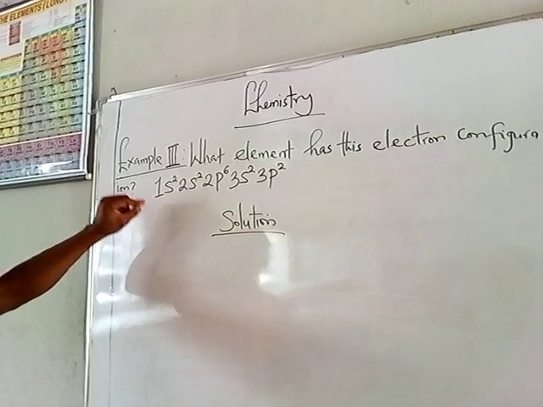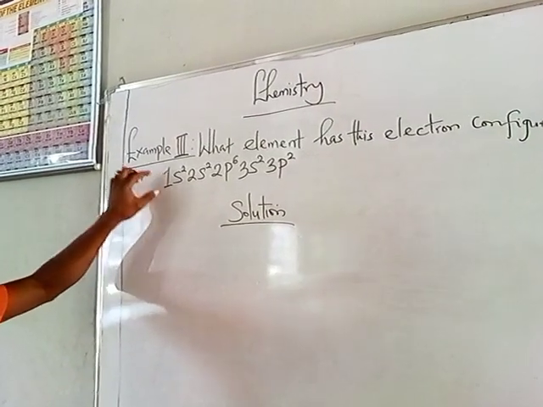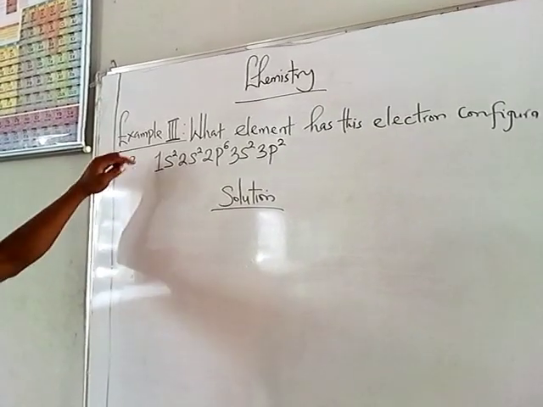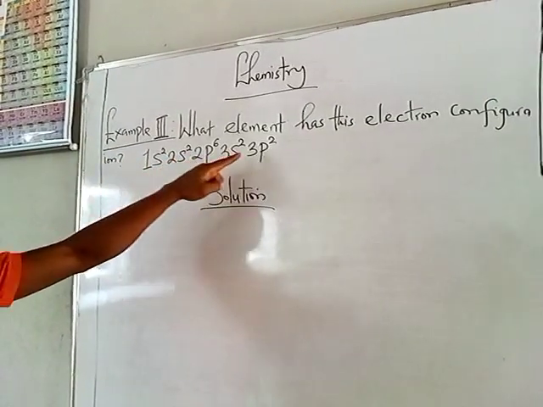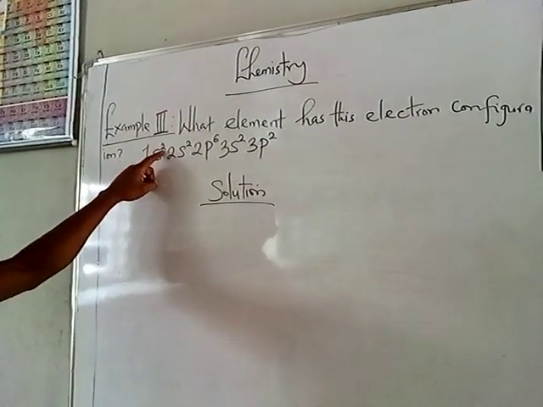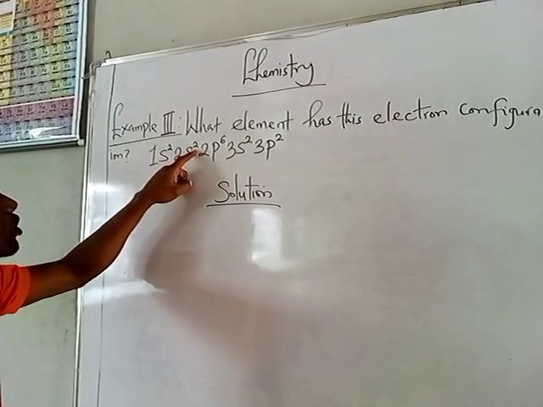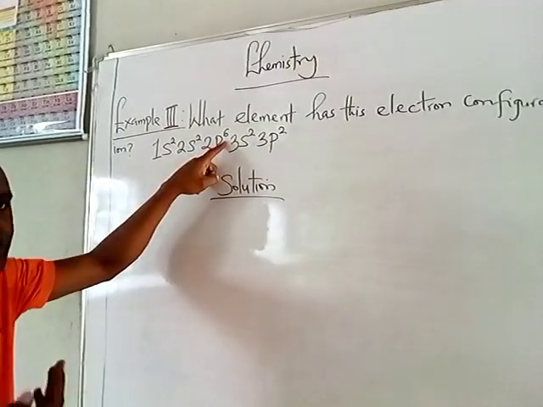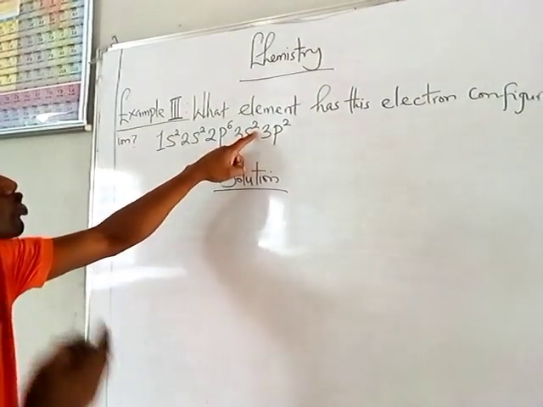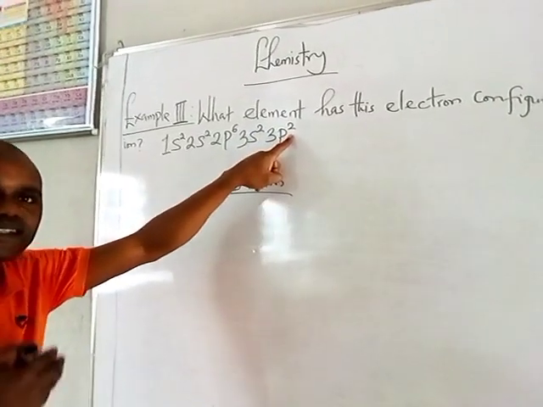How do we know which element has it? What you simply do is sum the number of electrons together. 2 plus 2 is 4, 4 plus 6 is 10, 10 plus 2 is 12, 12 plus 2 is 14.